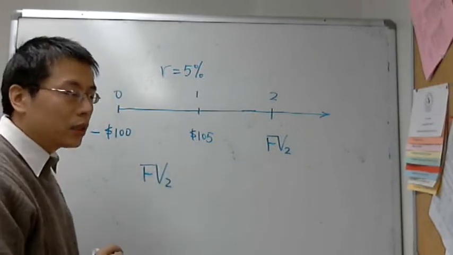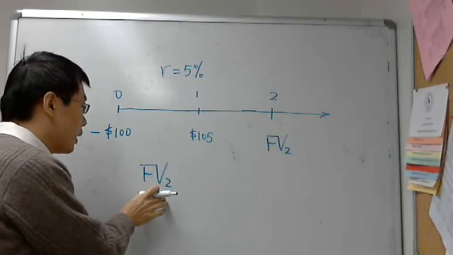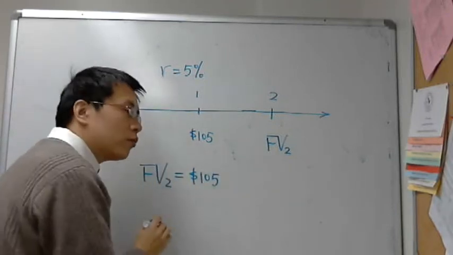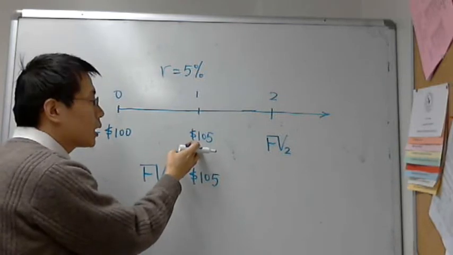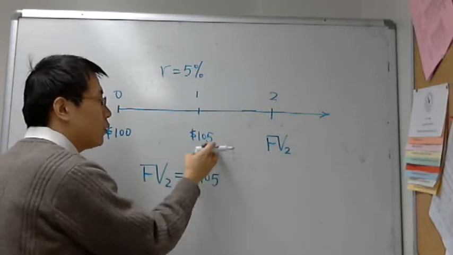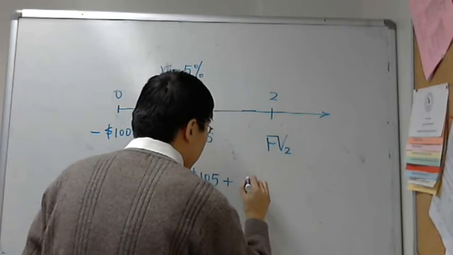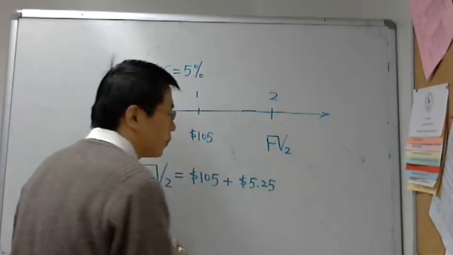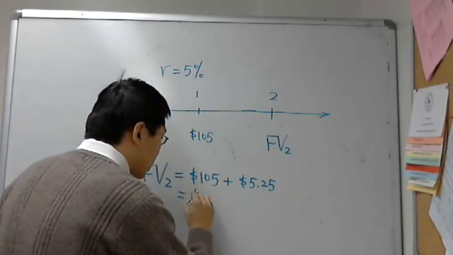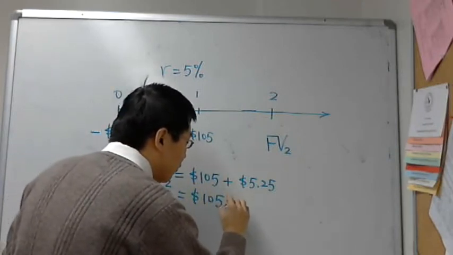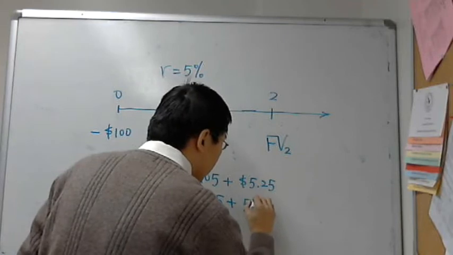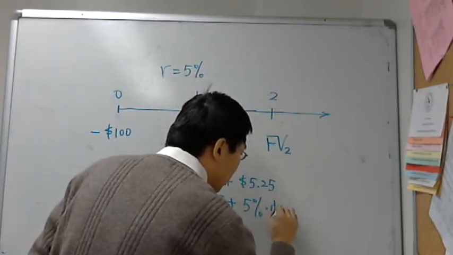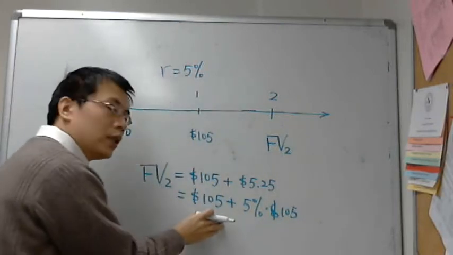Now again, I'm going to work on the numbers a little bit. The balance at the end of year 2, the future value at the end of year 2, is the sum of 105, the balance at the beginning of the second period, plus $5.25. Now, the $5.25 is the 5% earned on the beginning balance.